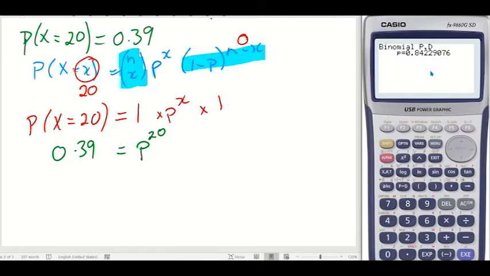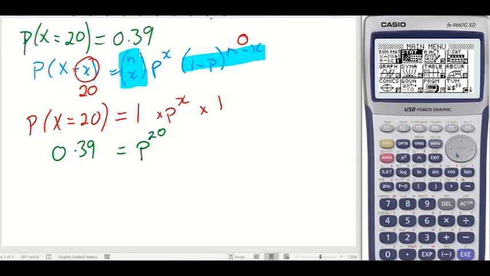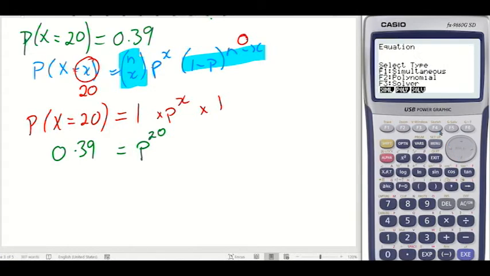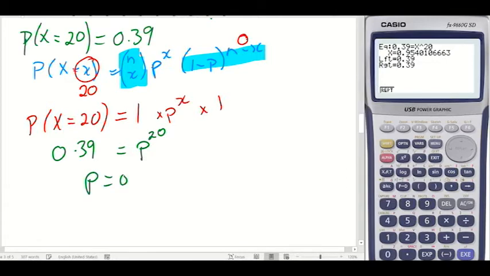So I'm going to jump across and go back to my equation menu and do solver, and I'm just going to clear the one that was there, and now I'm going to put that equation in. 0.39 equals x to the power of 20, and solve that, and that gives me p equals 0.9540.